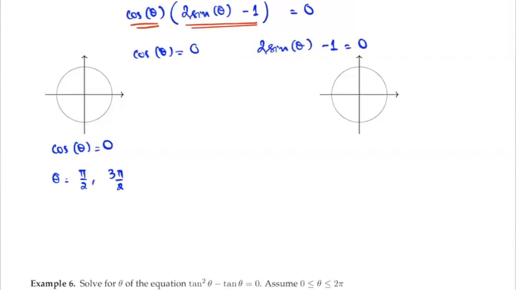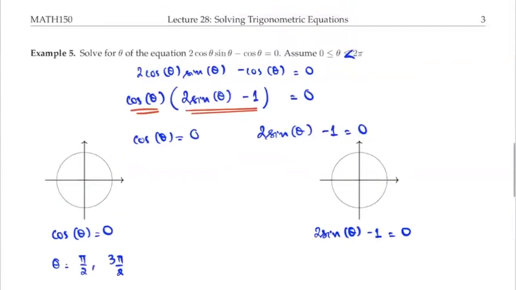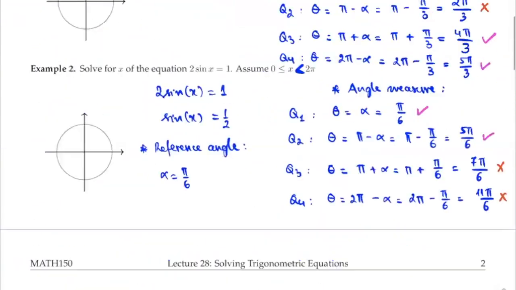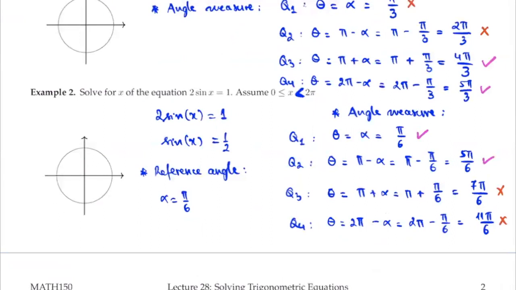Now for the second equation, 2 times sine of theta minus 1 equal to 0. If you go back to one of the equations that we had earlier, in example 2, you have 2 times sine x equal to 1, and you already solved for the solutions: theta equal to pi over 6 and theta equal to 5 pi over 6.